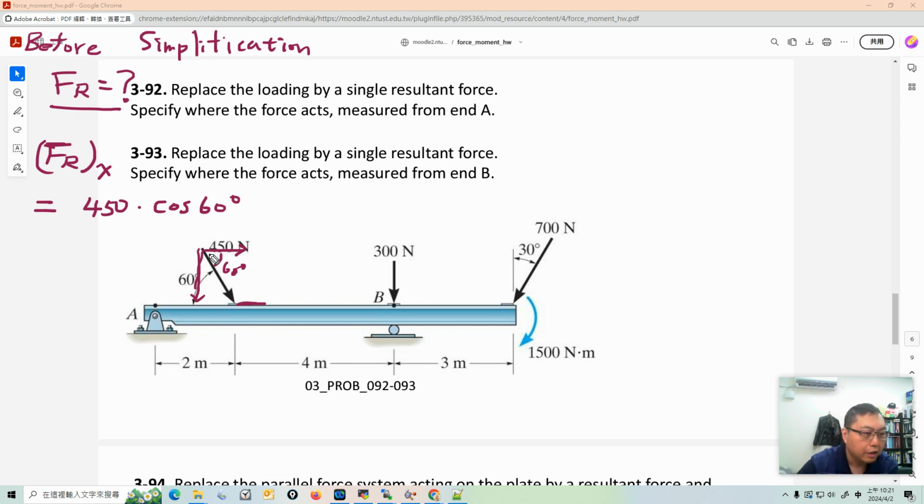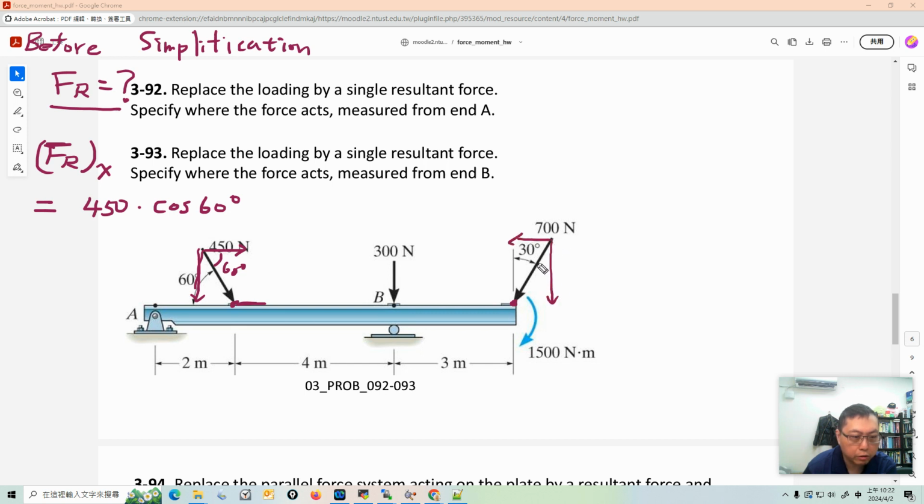The 300 Newton force has only a Y component and no X component, so we can ignore it. The 700 Newton force here acts at this point, with an X component and a Y component.